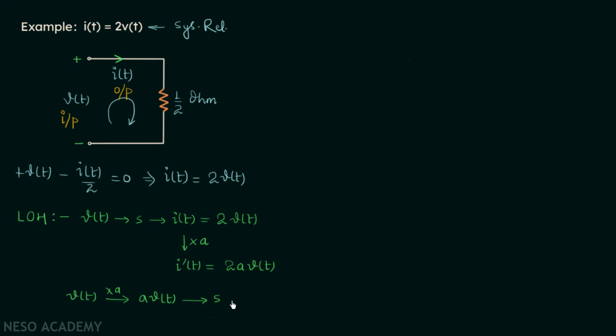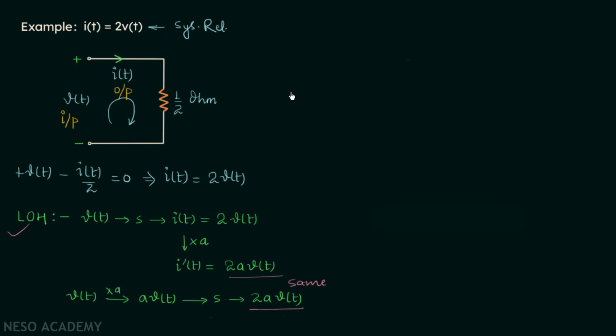The same system will have this input now, and according to its functionality, it will multiply the amplitude by 2. So we have 2A VT. Upon comparison of the final outputs in the two cases, you will find they are the same, and therefore we can say that the law of homogeneity is satisfied in this system.